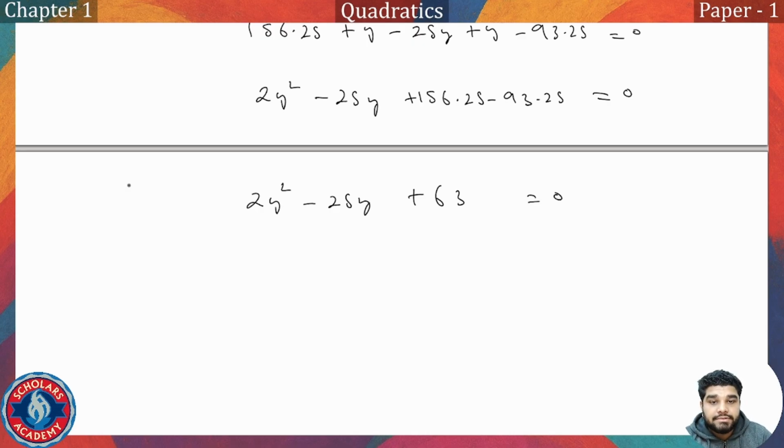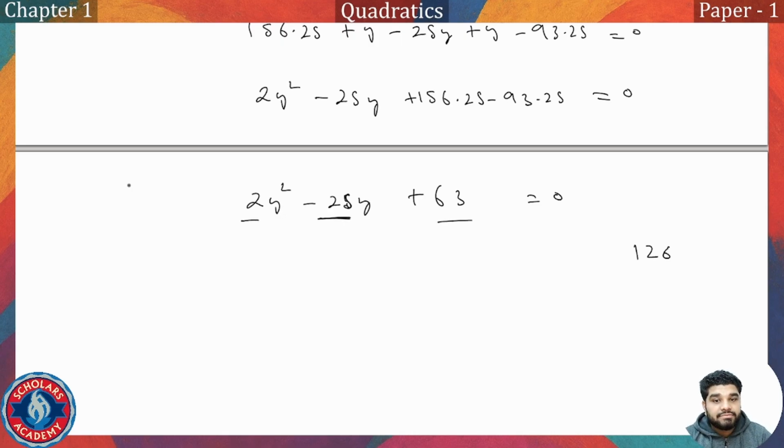Alright, so now if I try and simplify it, the product of first term and last term is actually 126, and the sum of two numbers should be 25.